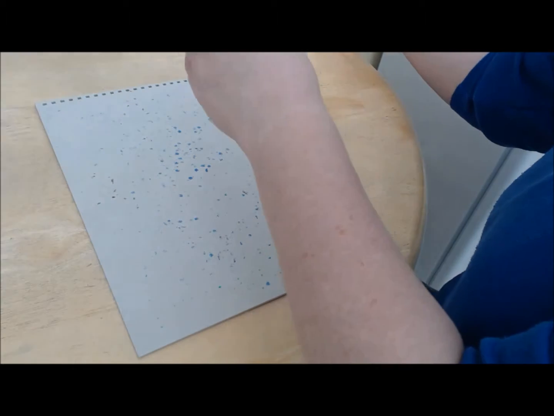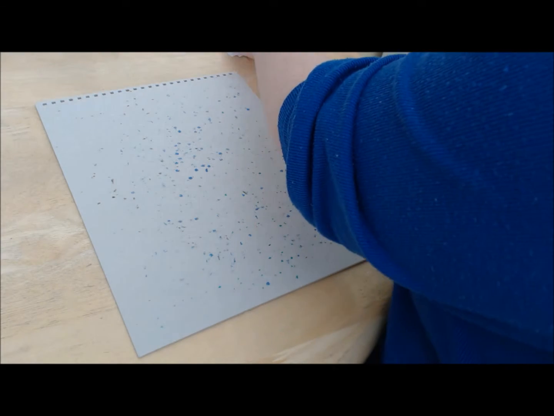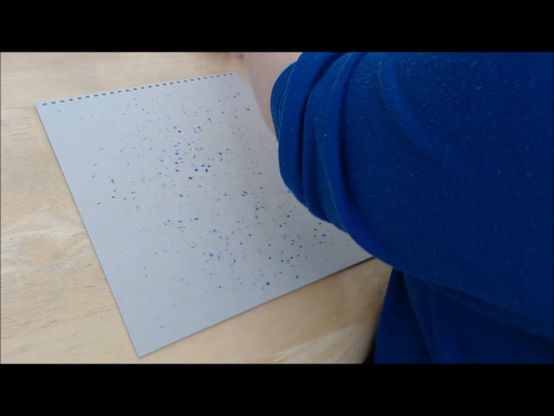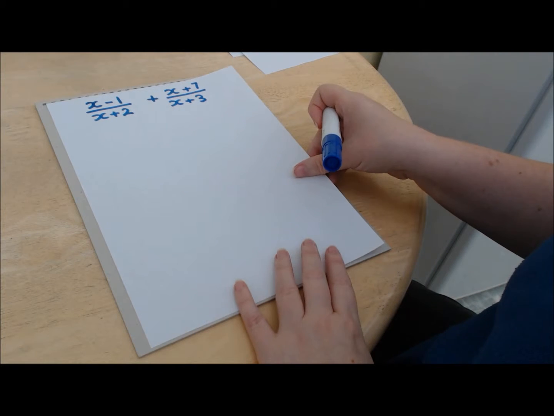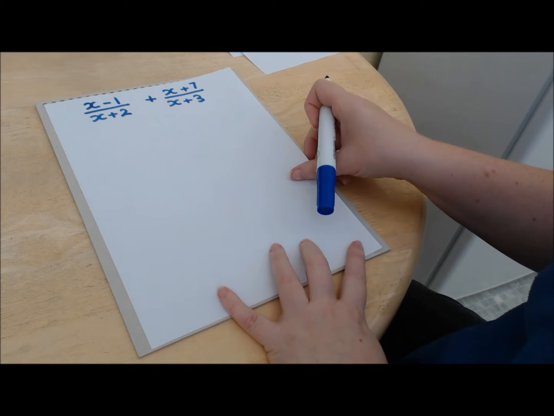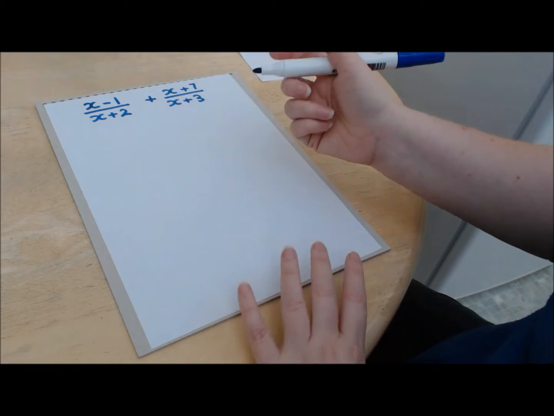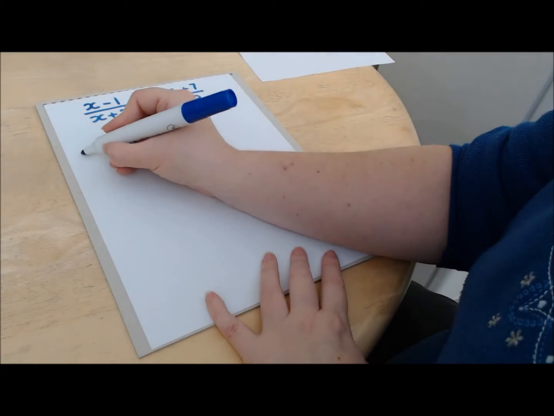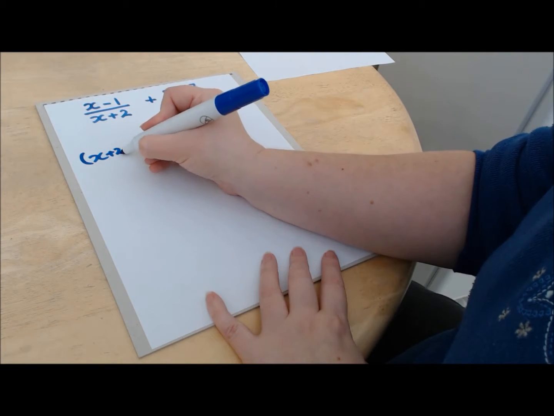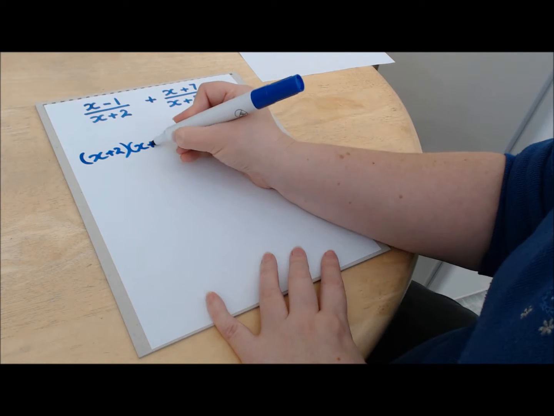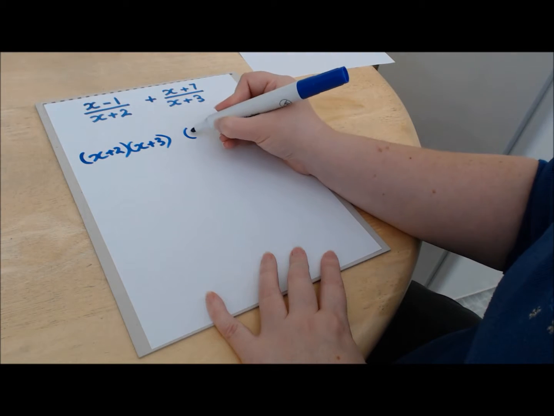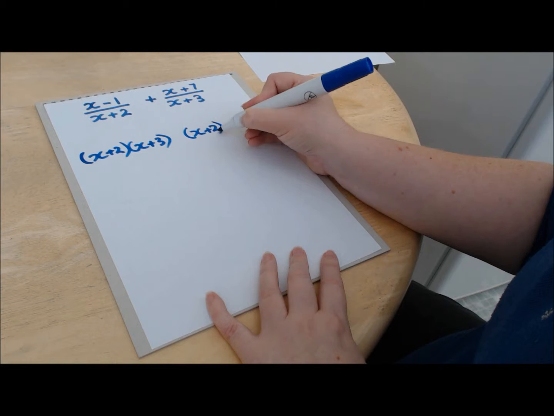So let's just have a look at one more of those just straightforward adding ones, and then we're going to look at how it happens with equations and what to do there. Okay, so our new bottoms, x plus 2, x plus 3, same for both sides.